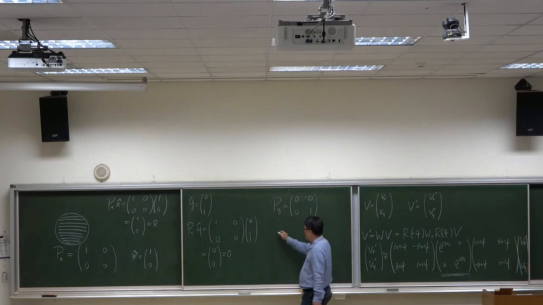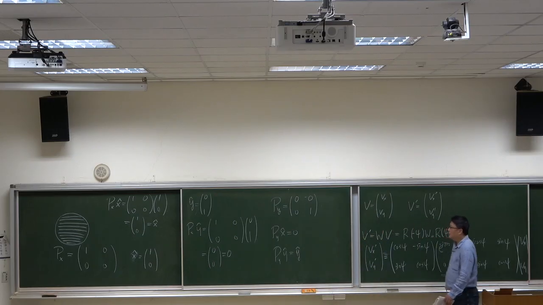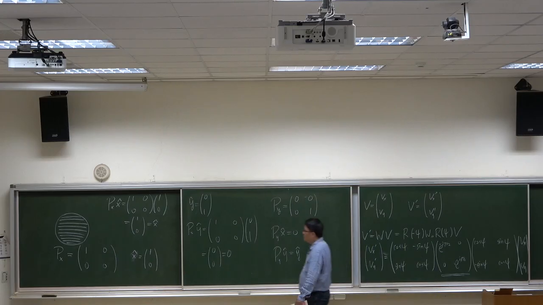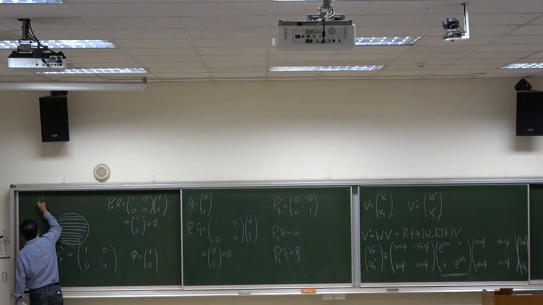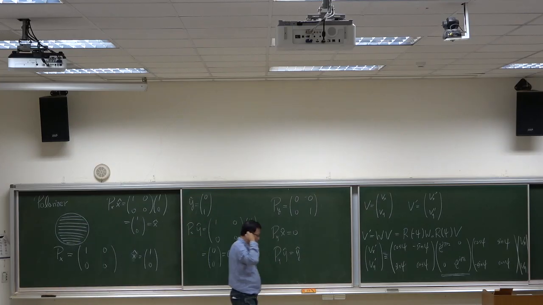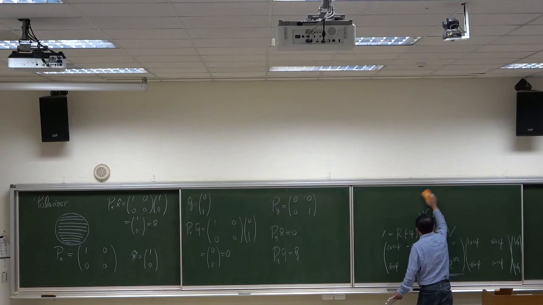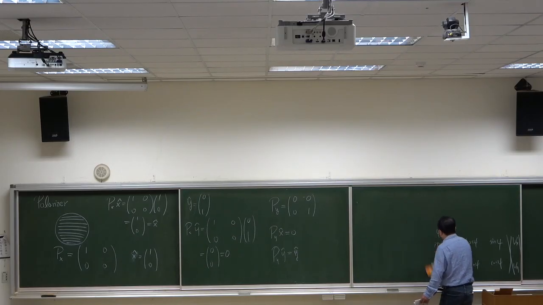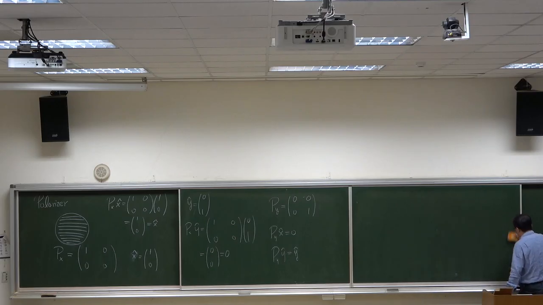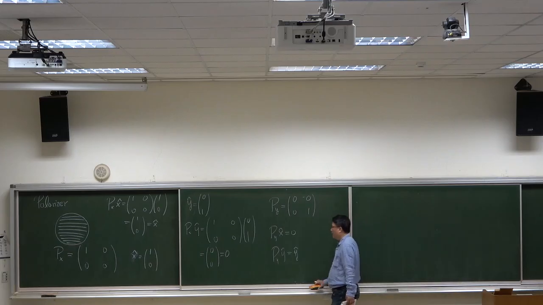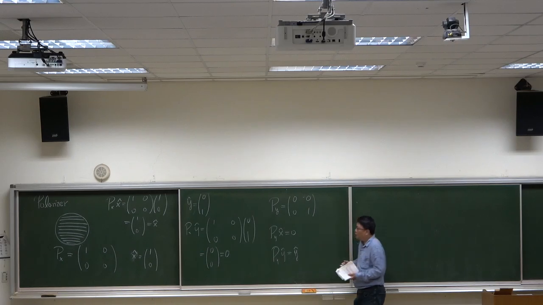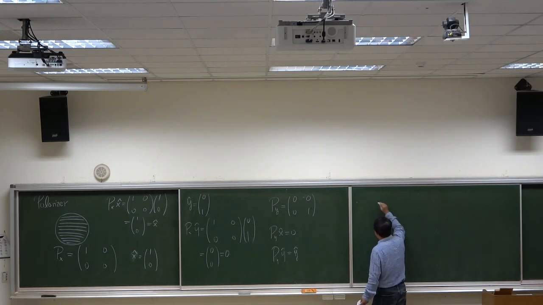Because now you can see that py times x is 0 and py times y is y. 好，这个是关于 polarizer，偏正片。The mathematical description of a polarizer, usually we call this kind of matrix projection operator.